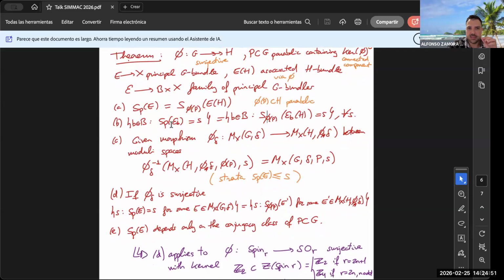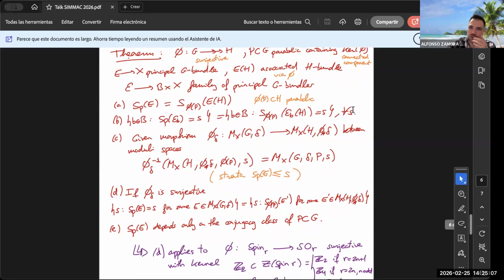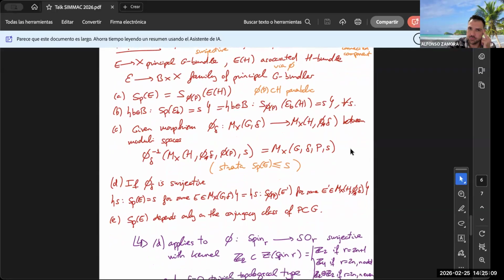Then the sets of points in the family, so the sets of the fibers where the Segre function takes a particular value, coincides with the set of points where the associated bundles take the same Segre function for every value of the Segre function.